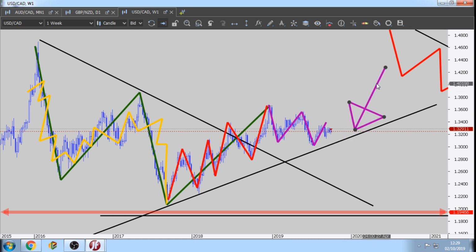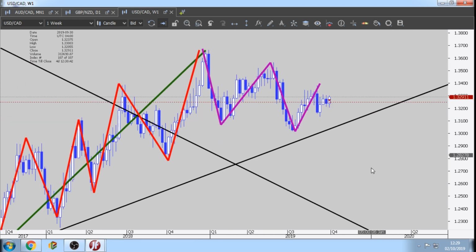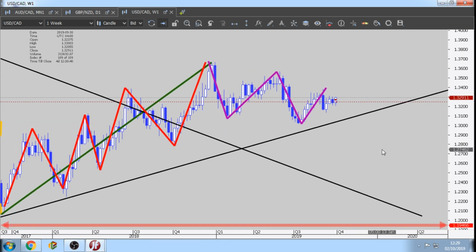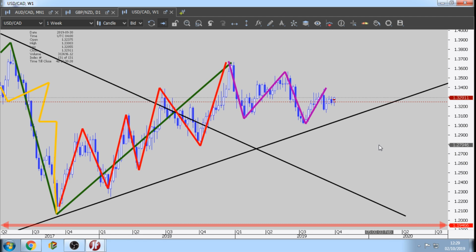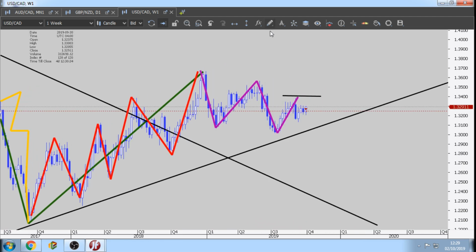Now, I'm short, right? I shorted the market on the 4-hour chart, and the market is going against me. If I'm going to put my stop loss here, or here, or here, I have an 80% chance of being stopped out.